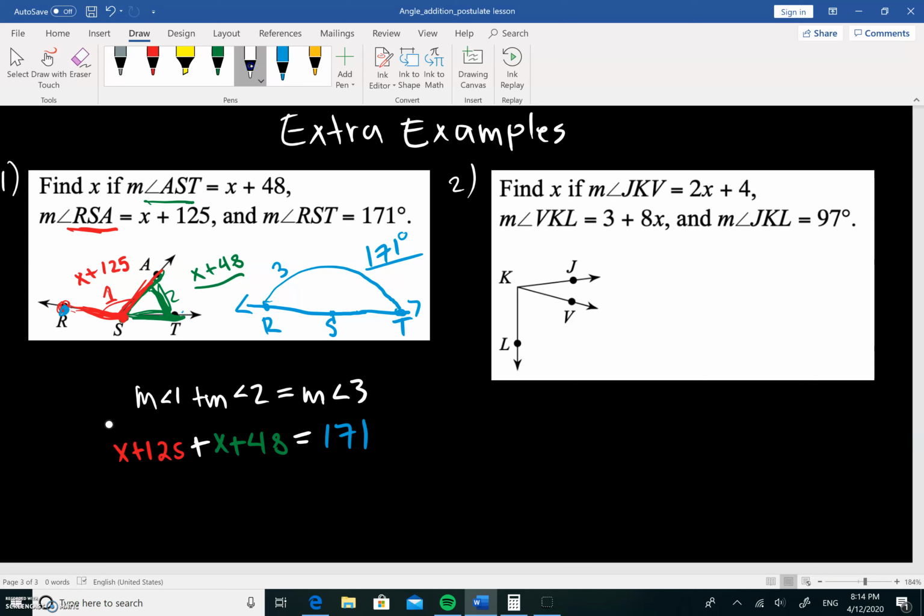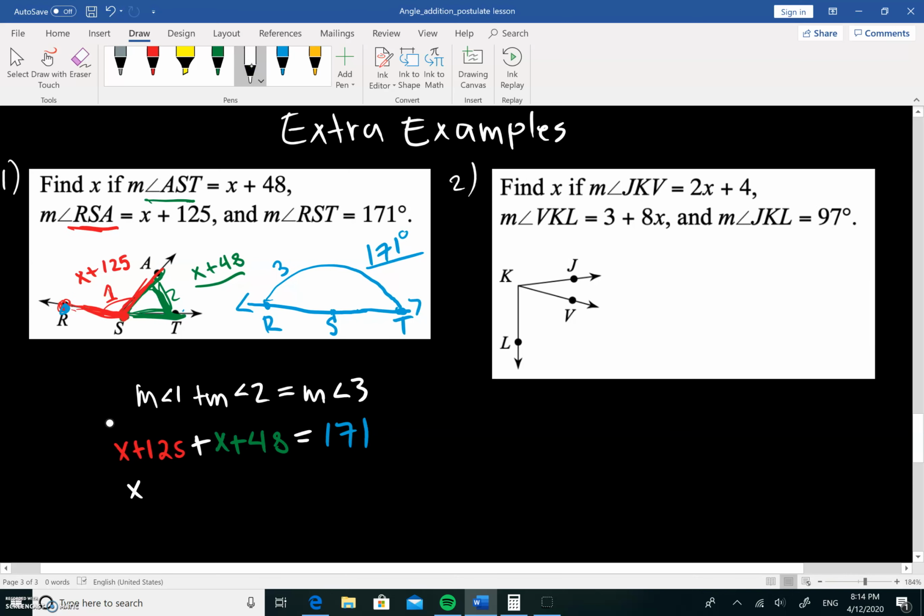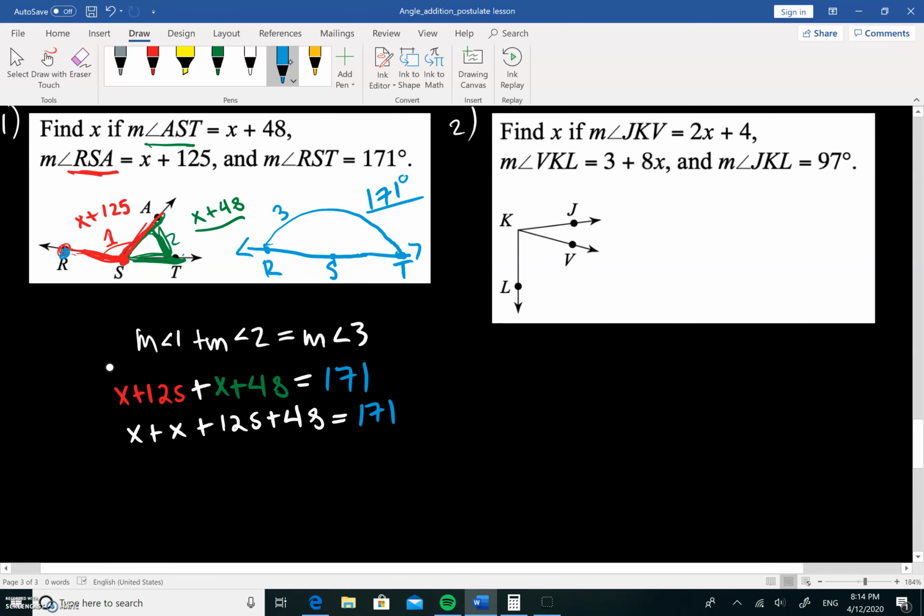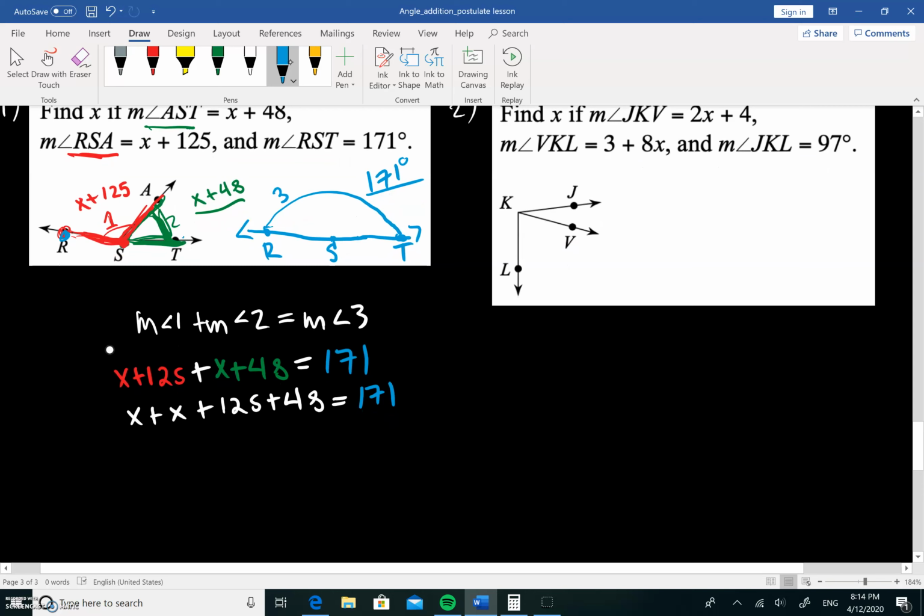So another way that I can write this is putting the x's together. So x plus 125 plus 48 is equal to 171. Okay, and remember, we can do this because moving numbers around when they're on the same side does not change anything.